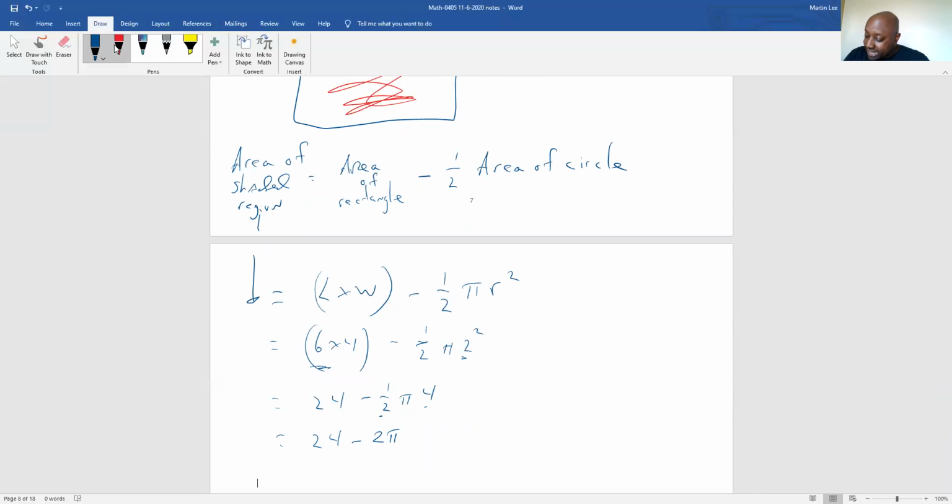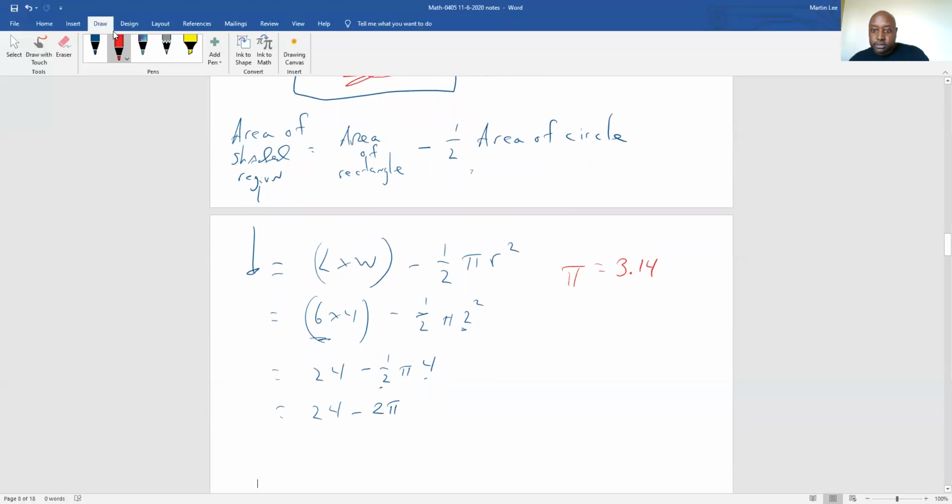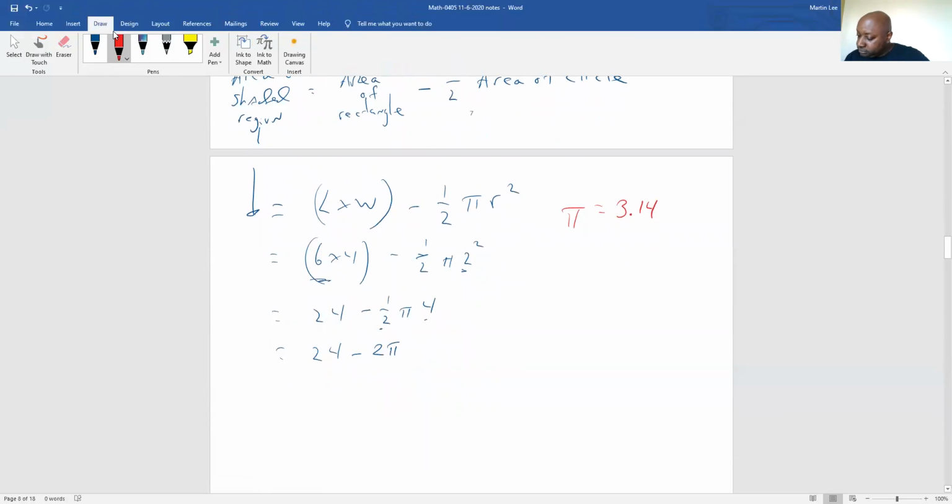In this case, let's add in the fact that pi equals 3.14. And let's substitute that in. So this equals 24 minus 2 times 3.14.